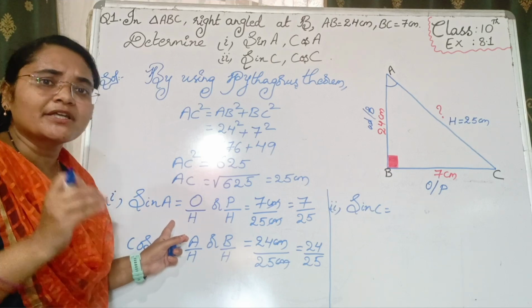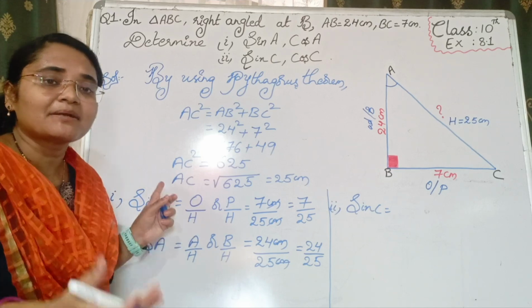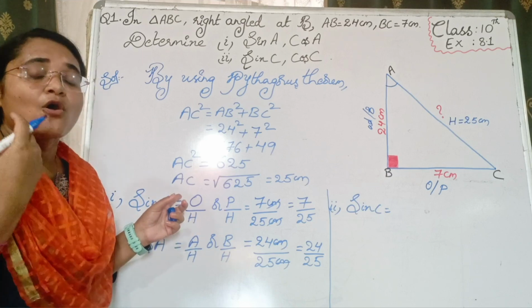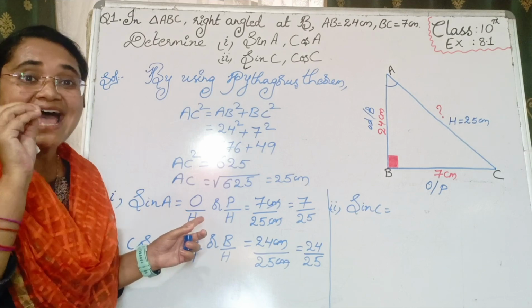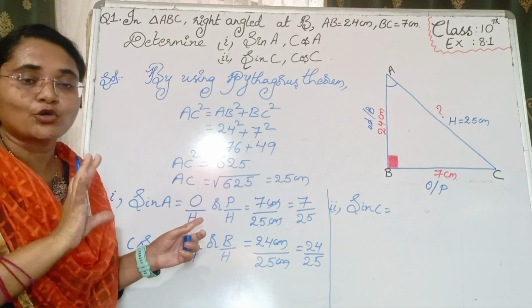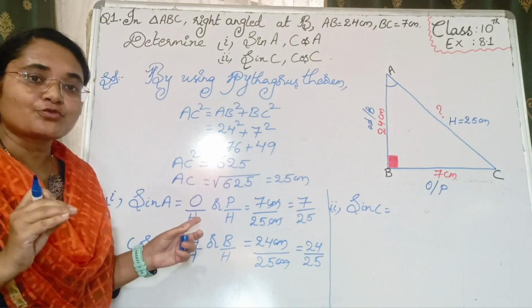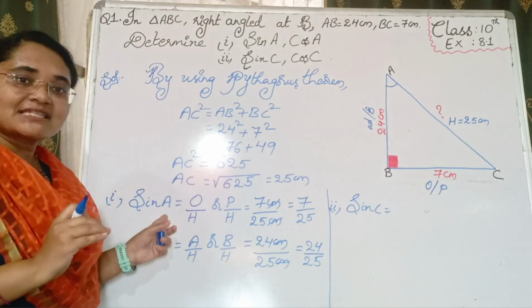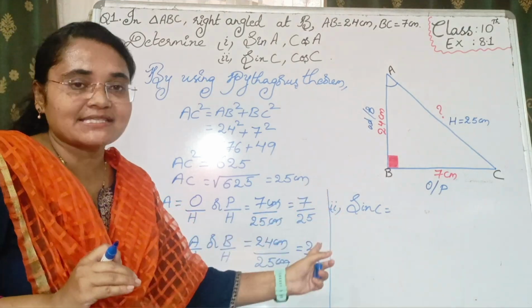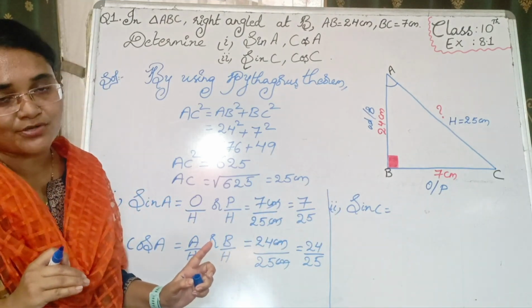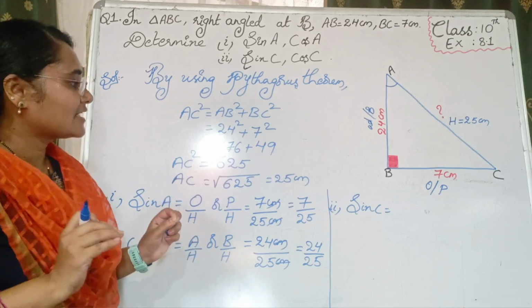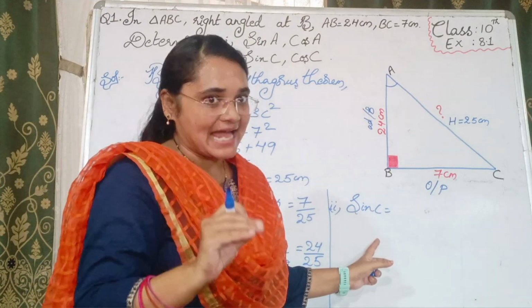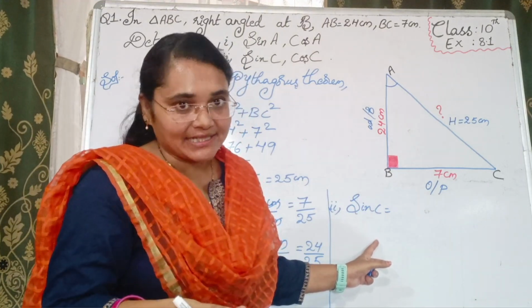Based on the angle only, you take the perpendicular side or base side, or opposite side or adjacent side. So the important thing here is the angle. You should be very careful and not get confused. Most students get confused and write the same measurements for sin C and cos C also. Simple logic: according to the angle, the sides are determined.